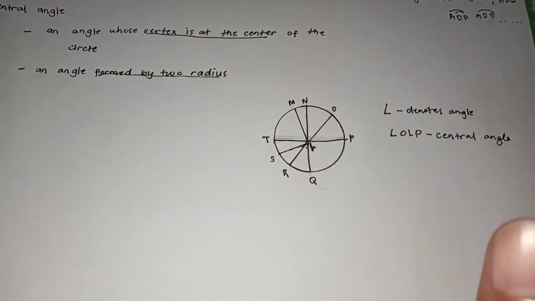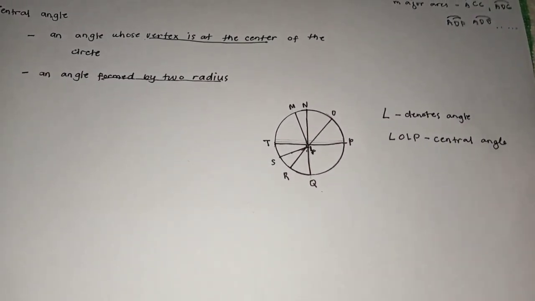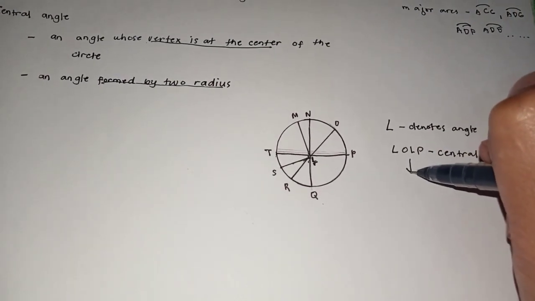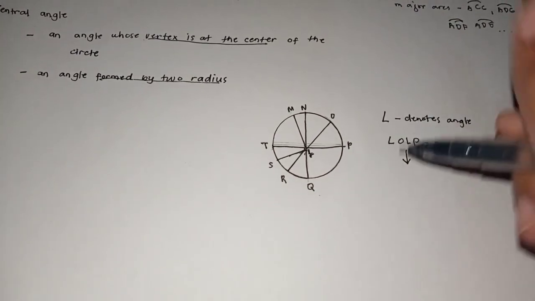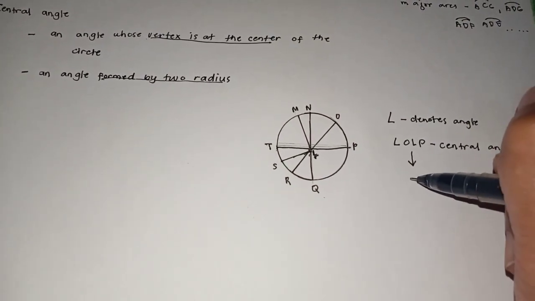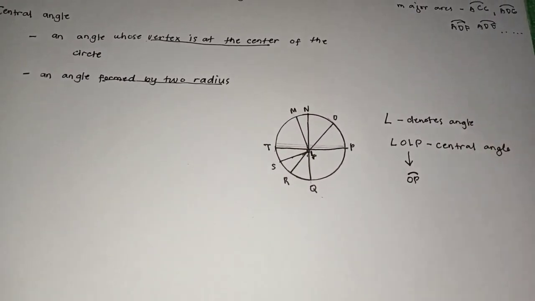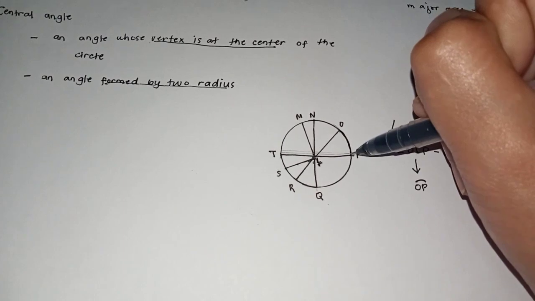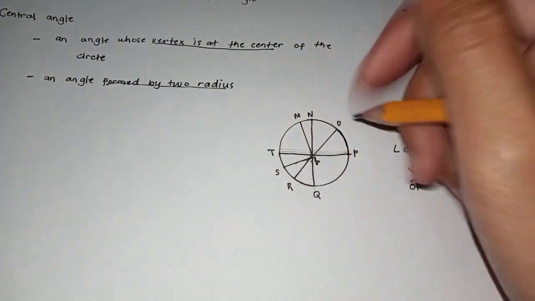So the intercepted arc of angle OLP will be arc OP. Always remember that your central angle and its intercepted arc will always be equal, or have the same measurement.